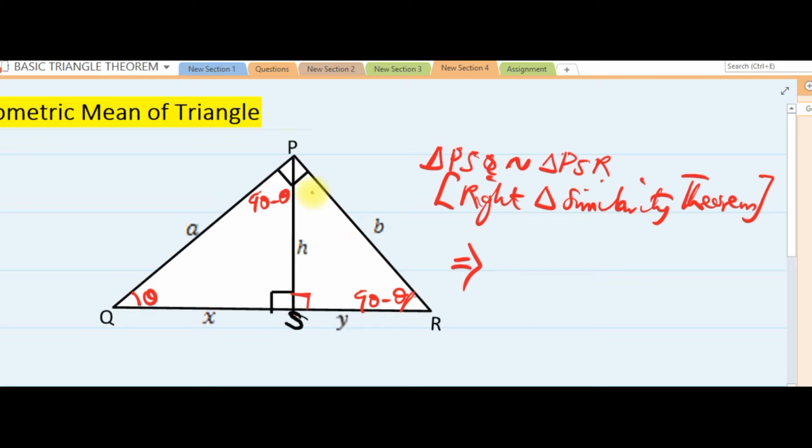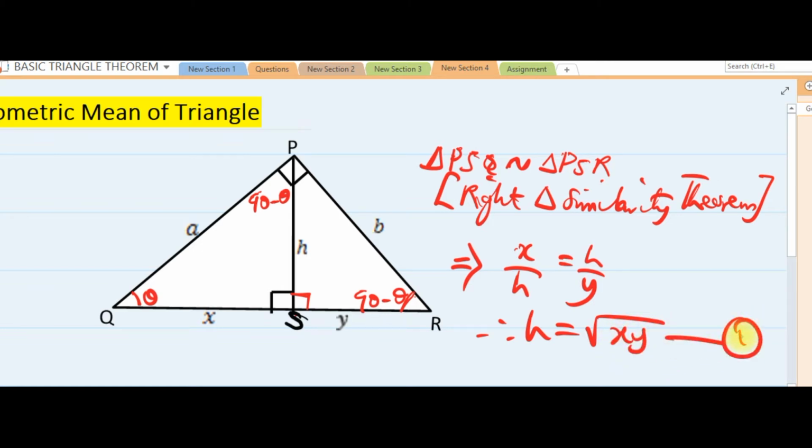So meaning that the ratio of the corresponding sides, x over h will be equal to h over y. Yes, because x corresponds to h in triangle PQS, and x corresponds to h in triangle PSR, which implies, therefore, h is now square root of xy.